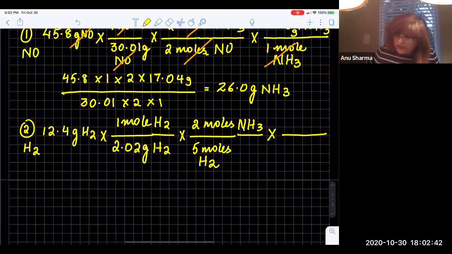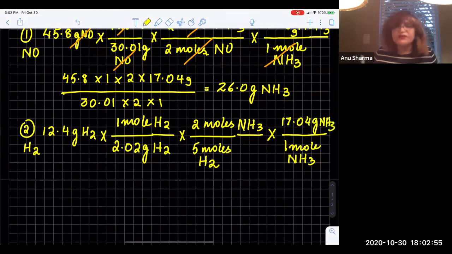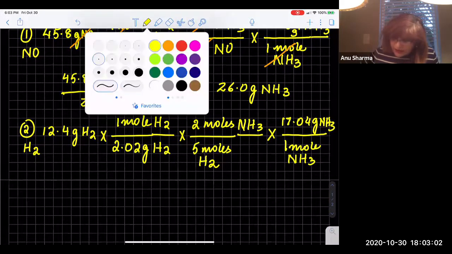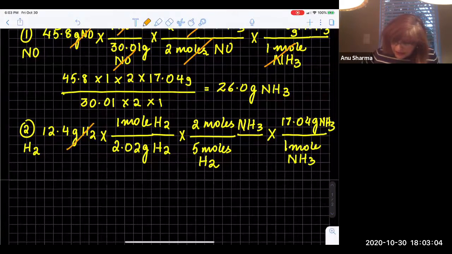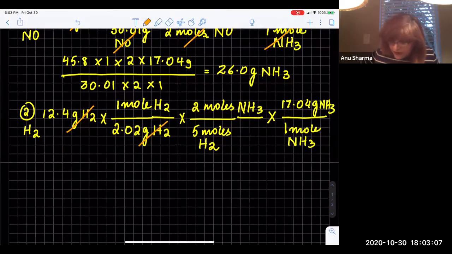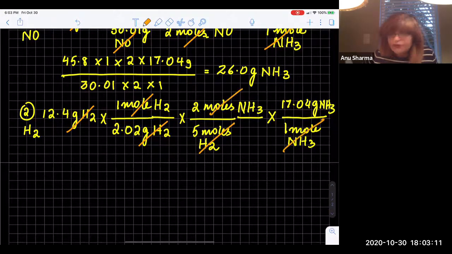Next, you're going to convert the moles of ammonia. So this is the molar mass: 1 mole of ammonia is 17.04 grams of ammonia. So here the grams of hydrogen cancel out, the moles of hydrogen cancel out, moles of ammonia cancel out, and you're just left with the grams of ammonia.